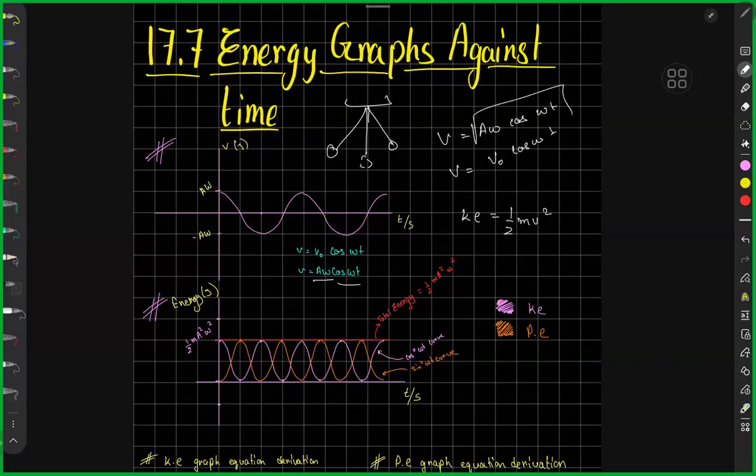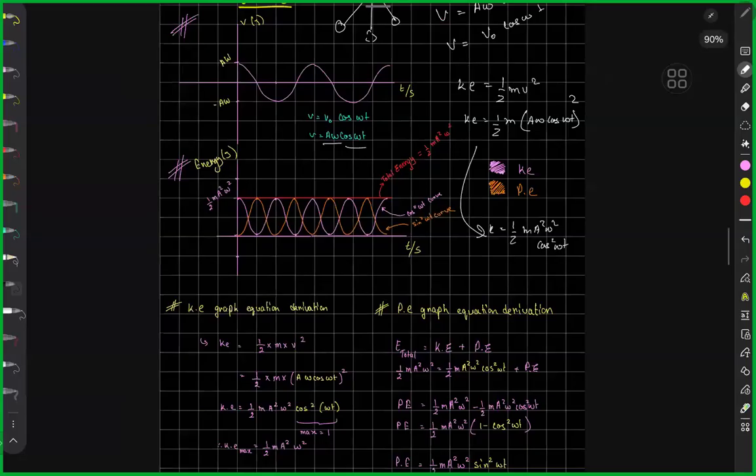What is the equation of v? This, right? Fair enough. Let's plug that in. So KE, I can say, is half m a omega cos omega t, whole square. And that ends up being KE equals half m a squared omega squared cos squared omega t, right? So this now becomes my kinetic energy equation.